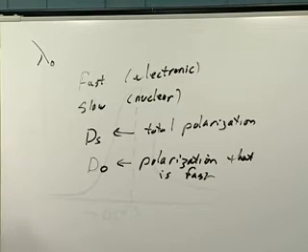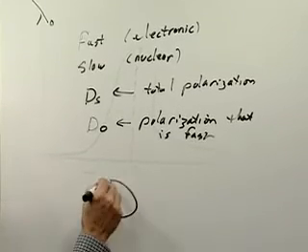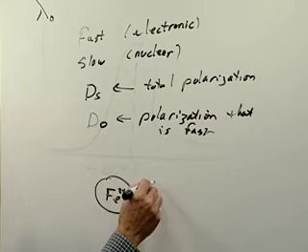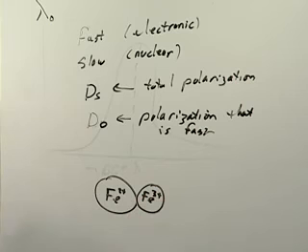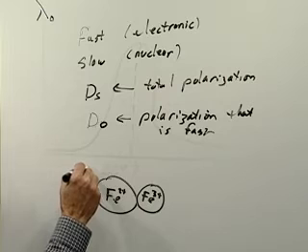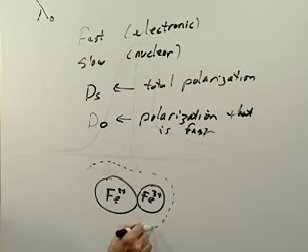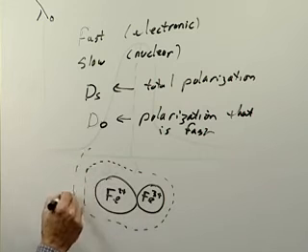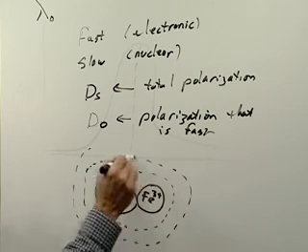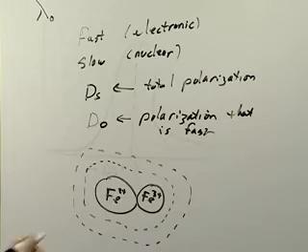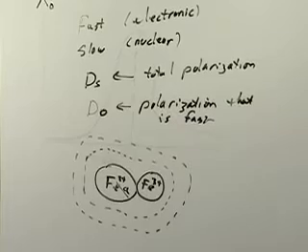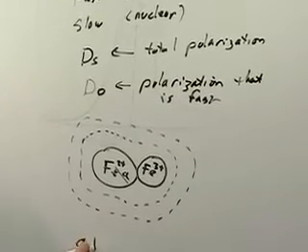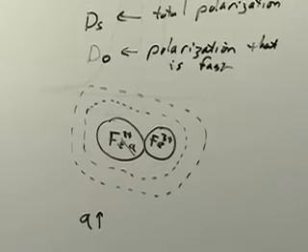Here we'll think of our two ions. Here's our iron 2 plus, and here's our iron 3 plus. And what we're talking about is we've polarized the solvent around here. If we say these are spheres with some radius a, as a goes up, we would think the energy of polarization would go down.